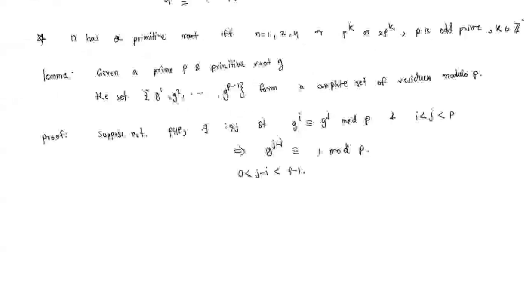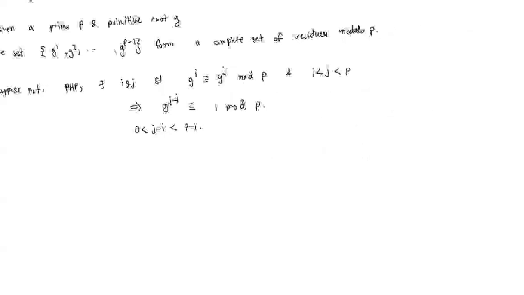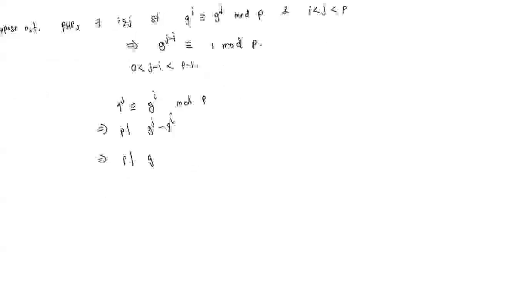Did everyone get it? Couldn't get how you got G raised to the power J minus I is 1 mod P. G to the power J is congruent to G to the power I mod P. That implies that P divides G to the power J minus G to the power I, which implies that P divides G to the power I times (G to the power J minus I minus 1).